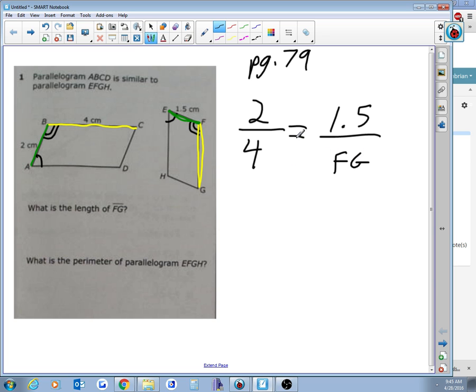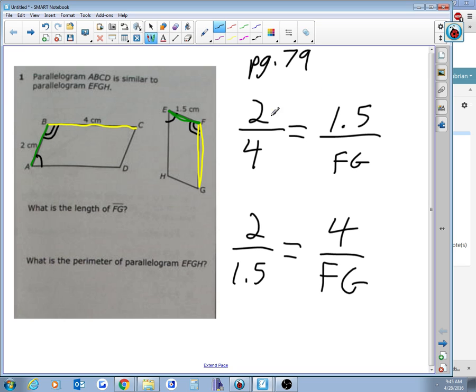Or we could say green of this one over green of this one, so 2 over 1.5 equals yellow of this one over yellow of this one. So that would be 4 over FG.